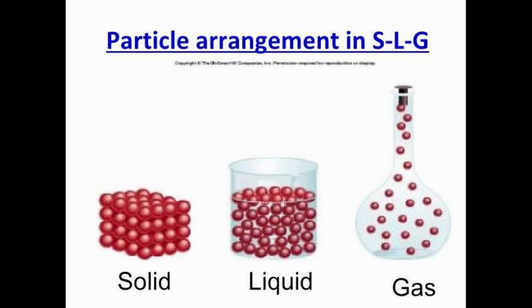Now you know that in solids, the intermolecular spaces are very small and the intermolecular forces are very large, because the molecules are very tightly packed in a very small volume. Because density is equal to mass upon volume, solids have high density because their volume is less, so density is more.